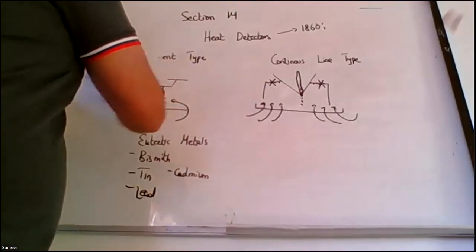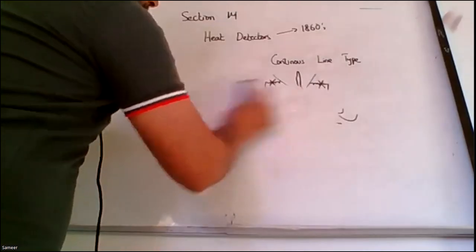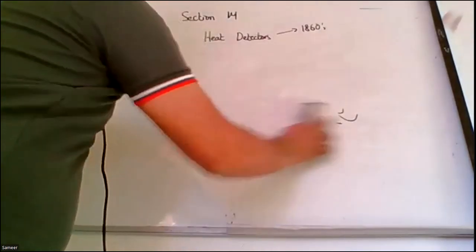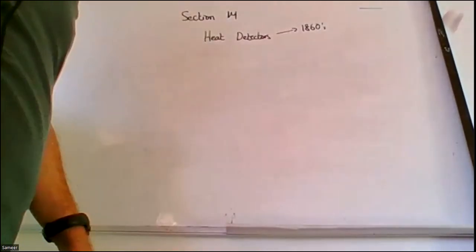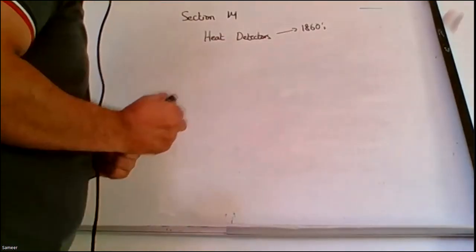Then we have the third type of detector, that is bimetallic type.